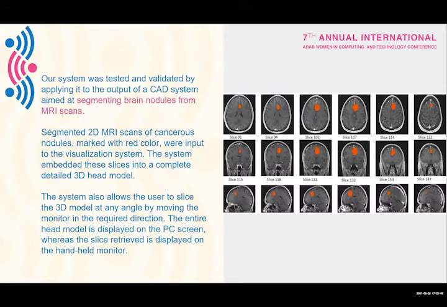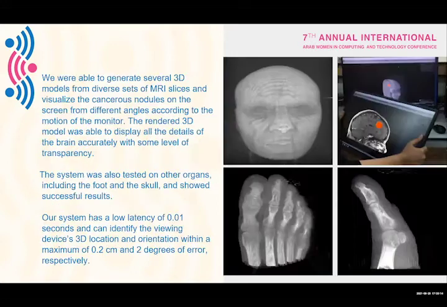The system embedded these slices into a complete detailed 3D head model and it allows the user to slice the 3D model at any angle by moving the monitor in the required direction. And the entire head model is displayed on the PC screen, but the slice is retrieved on the monitor, the handheld monitor, as shown here in the screen. These are the slices which are displayed on the monitor. And we'll see the head model here.